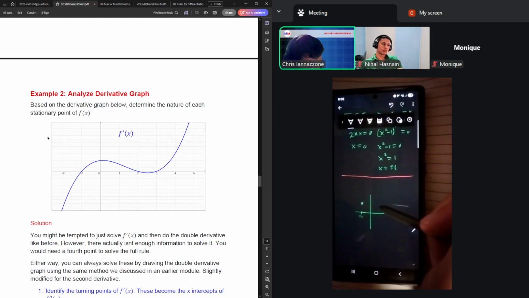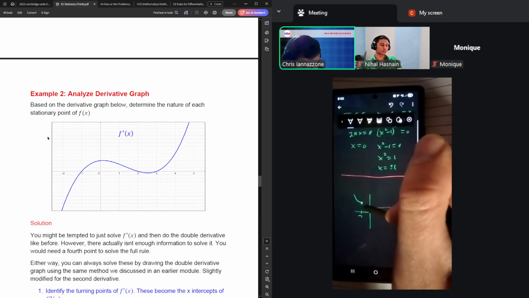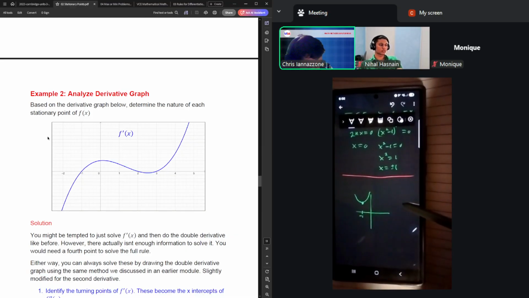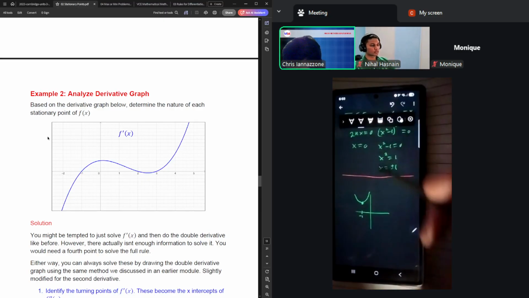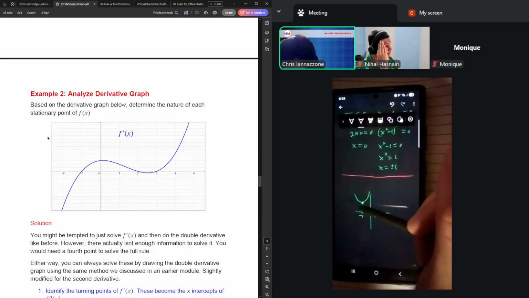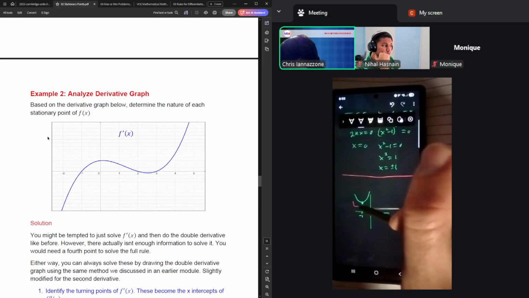The left of it is negative gradient, because they're negative y values, so it's going to go down to the right. And then immediately after is positive gradient, because you're going into positive y values on the derivative. So if you're good at spotting that on the derivative graph, this is definitely faster. I just know that that takes a lot of practice to start seeing properly.